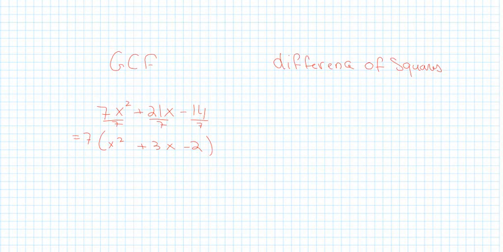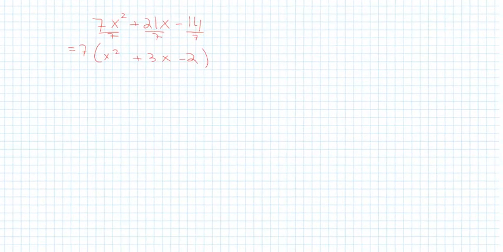But in other cases, for example, if I have 4x cubed minus 6x squared plus 2x, what would be your greatest common factor here? 2x.